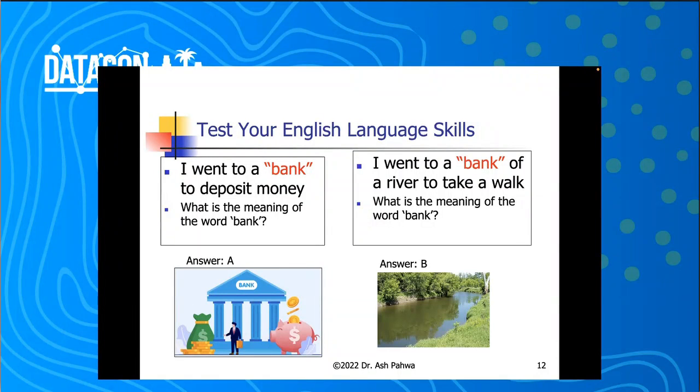What is the meaning of the word bank? A, the bank where we go, or B, a bank of a river? It means A, everybody. Now suppose I ask you another question: I went to a bank of a river to take a walk. What is the meaning, A or B? The answer is B. How do we know that?